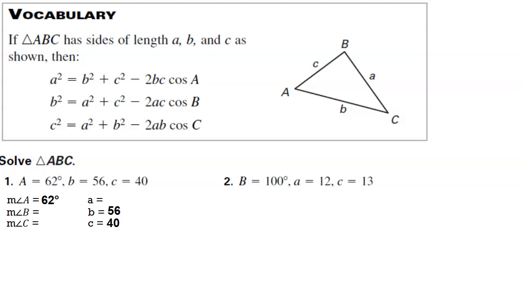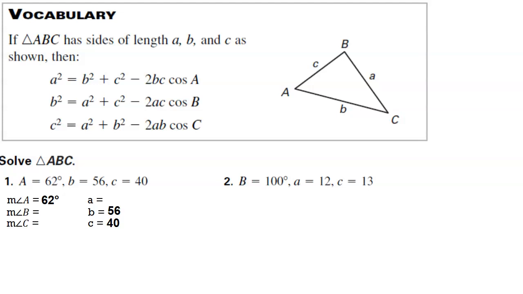So we look over here and ask ourselves, which letter do we know both the side and the angle about? And you look and you're like, well, we don't know side A, we don't know angle B, we don't know angle C. The answer is none of them.